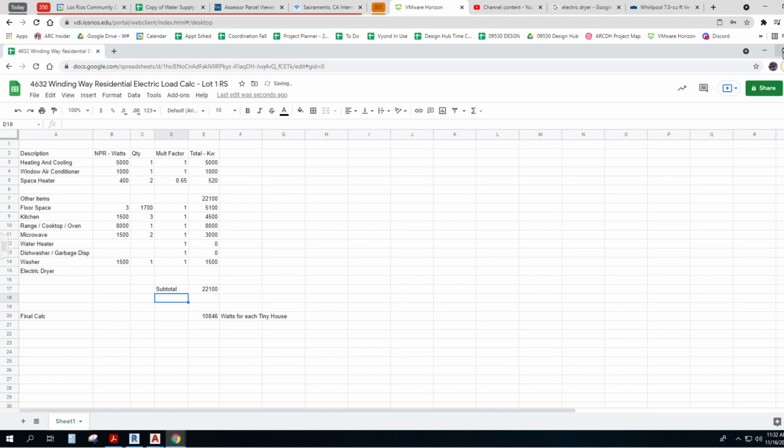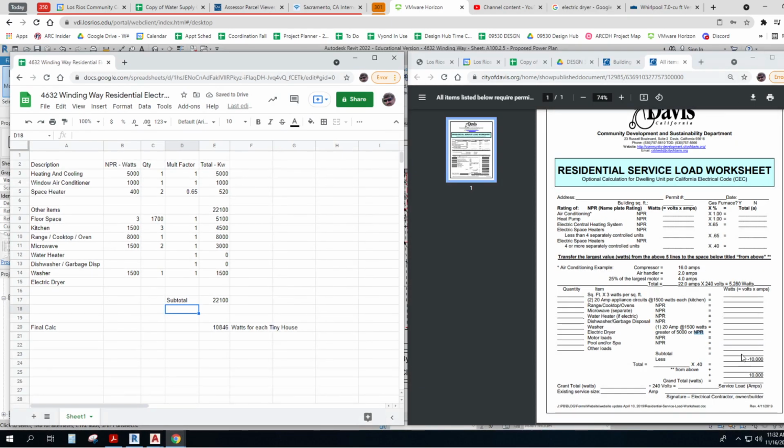And then what does it say to do? It says take the sum and then subtract 10. Kind of weird. And then it says to take that number from above and multiply by 0.4.